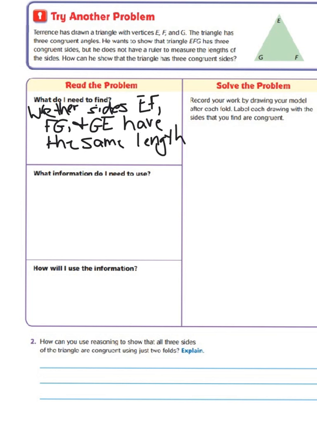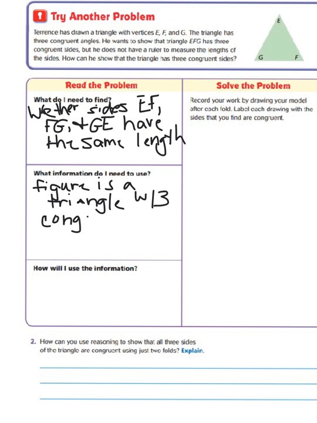So, what information do I need to use? Well, first, the figure is a triangle with 3 congruent angles, which means all 3 angles have the same measure.